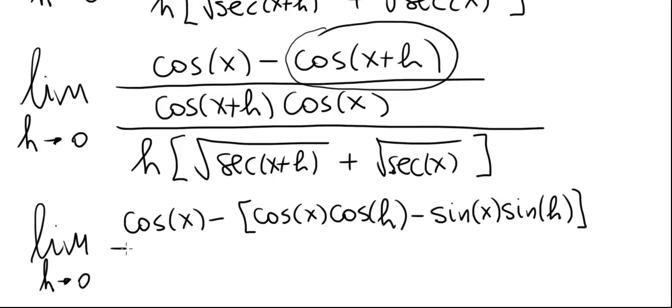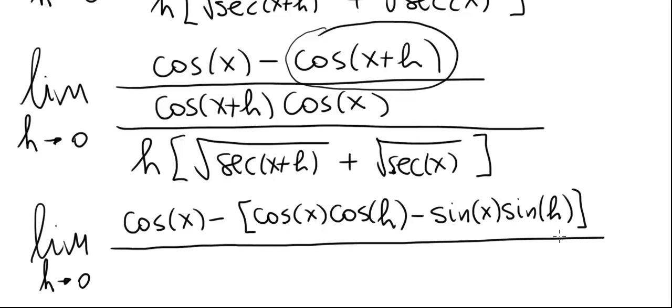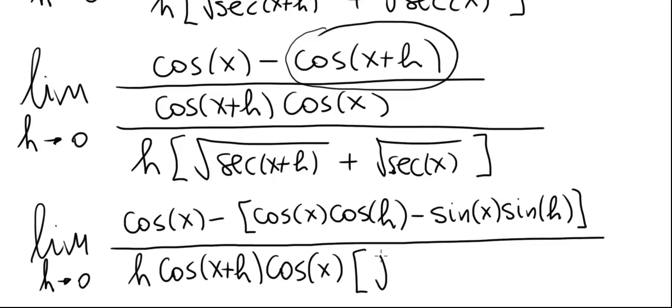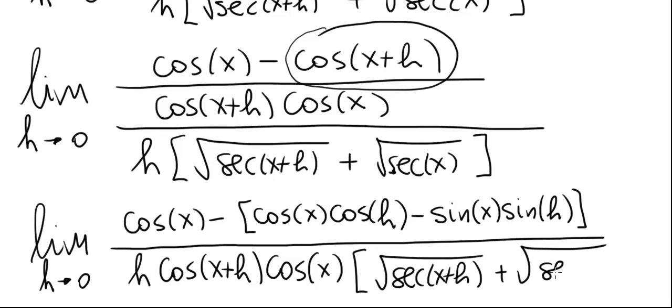And the two denominators can be combined into one. We can write it as h times cosine of x plus h times cosine of x times the square root of secant of x plus h plus the square root of secant of x.